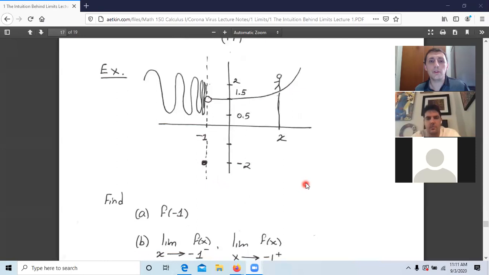You see, what you look for is a solid curve or a solid dot, okay? What's f of minus 1? What's the left and right hand limit, obviously towards minus 1, that's the point of interest, and whether or not the full limit exists. I'll tell you afterwards what this picture is supposed to indicate. But for now, let's see what's your intuition.